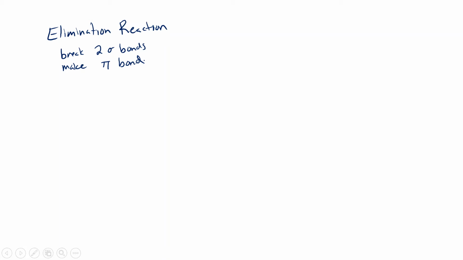The reactions that we've seen before that have broken sigma bonds have been things like SN1 and SN2 reactions, and an elimination reaction is going to look more or less the same.